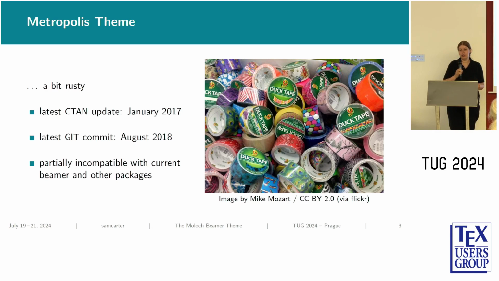So also the users of PGFplots can't use certain new features of this theme. So, in summary, the Metropolis theme is currently held together by a lot of duct tape. It still works, but who knows how long it will keep working.